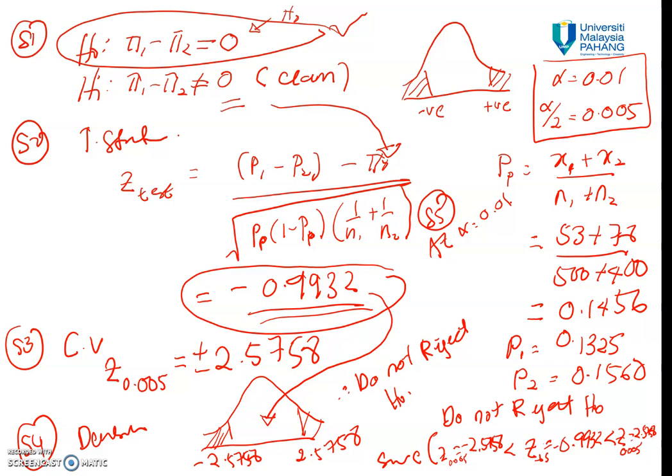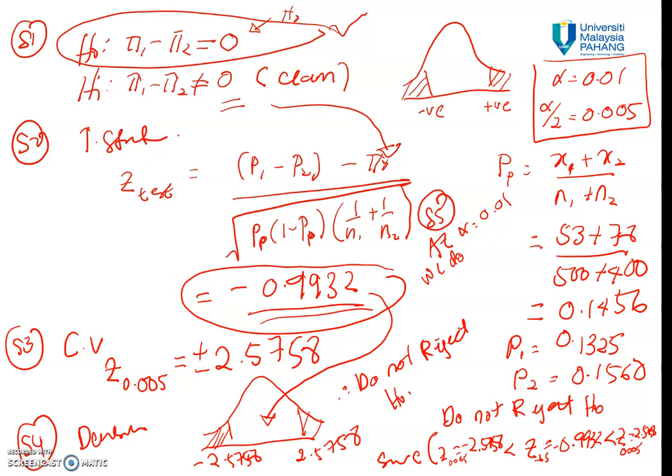The other way around, at alpha 0.01, we do not have enough evidence to support the claim.